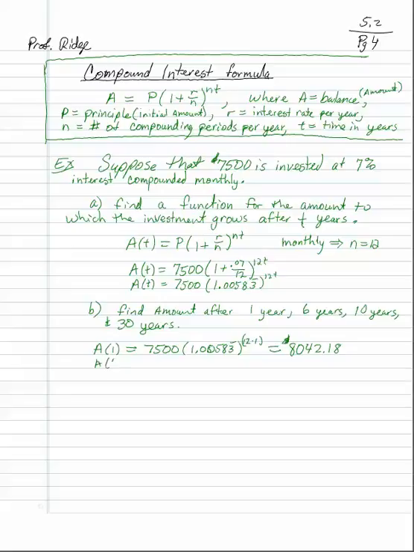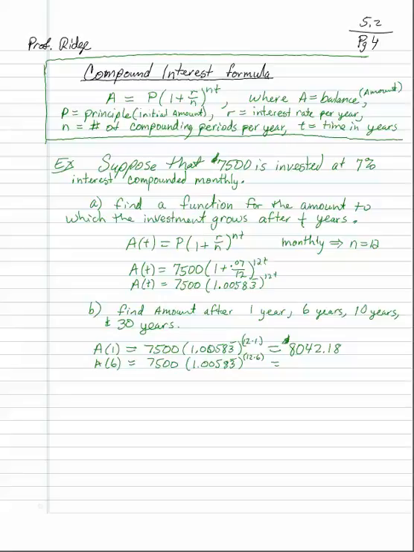For 6 years, it's 7,500 times 1.00583333 to the 12 times 6, so that's 72. Either do it in your head or make sure when you punch it in the calculator you use the parentheses. Make sure you can figure this out with your calculator.